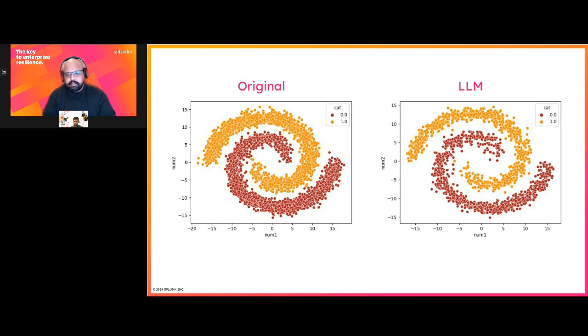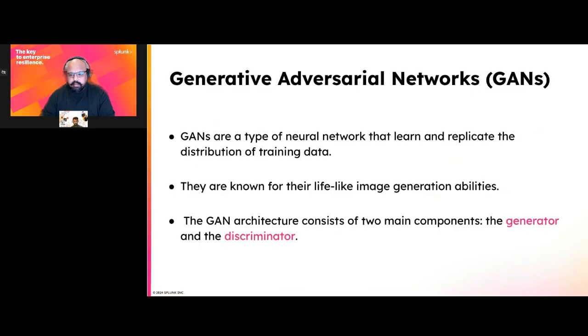It has only 2 points, and it has quite a bit of intricate patterns. So this data is not distributed simply, and yet LLMs do a pretty good job at mimicking this. And this leads us to the next section of our talk, which is generating data using GANs.